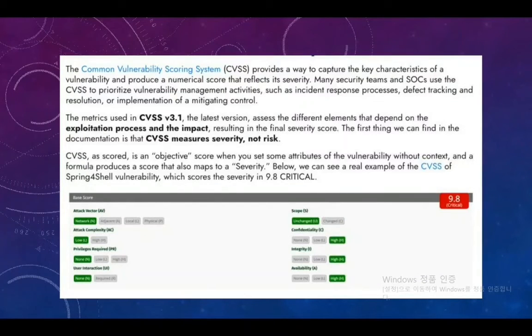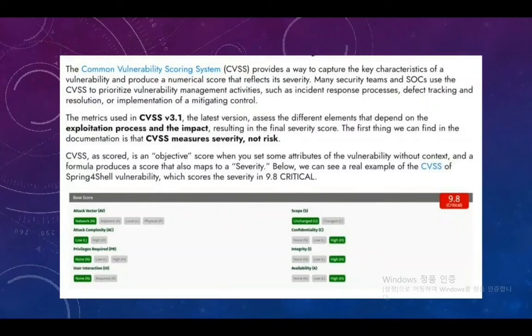The first thing we can find in the documentation is that CVSS measures severity, not risk. A CVSS score is an objective score where you set some attributes of the vulnerability without context, and a formula produces a score that also maps to a severity.